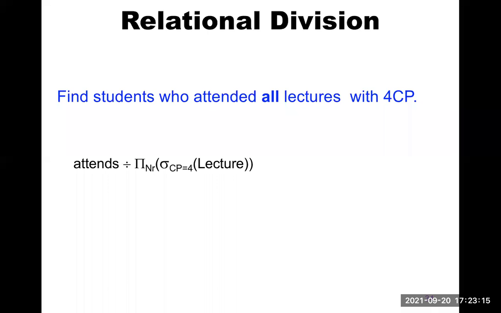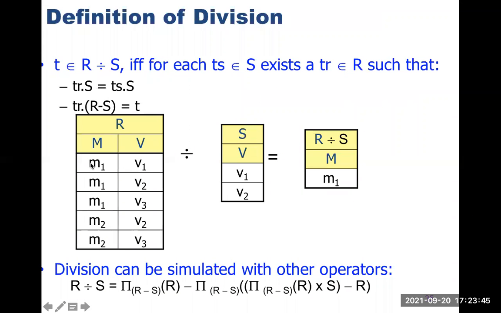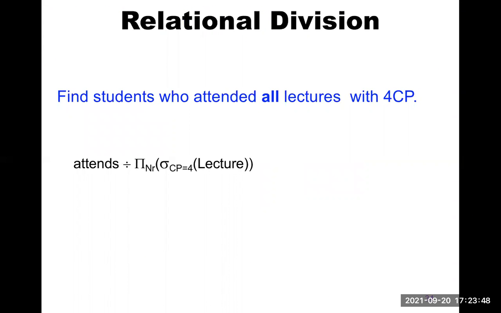If we join it with the divisor, then we'll find the table we divide. So A divided by something is such a table that, being joined with the right part of this expression, the result of that join, or not join, Cartesian product, just multiply it to this, results in the A table. So not all the tables may be divided.